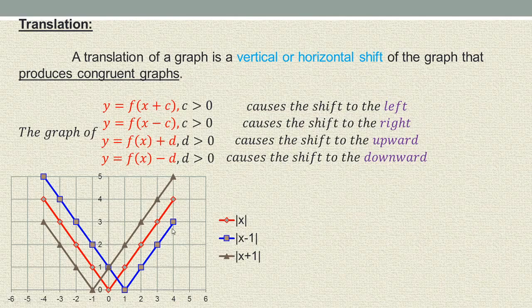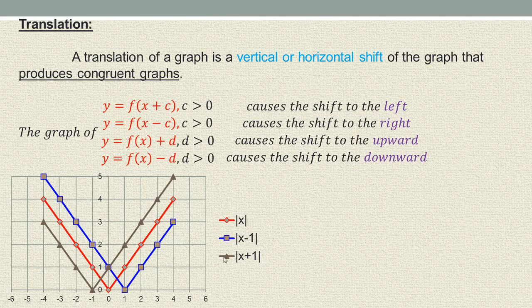This blue is identical to red, and it is shifted to the right side of this modulus x red diagram. Are you able to understand this? It is shifted to the right side by 1 unit, because the value of c is 1. So for 0 it will be 1, and for this point 1 comma 1, this is 2. It will shift 1 unit to the right side.